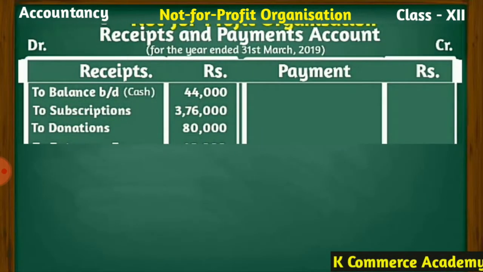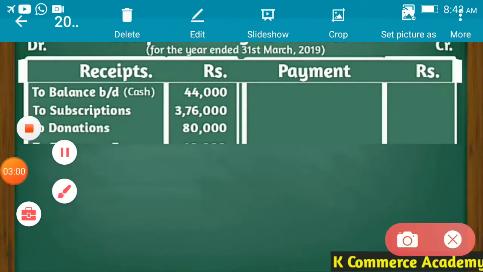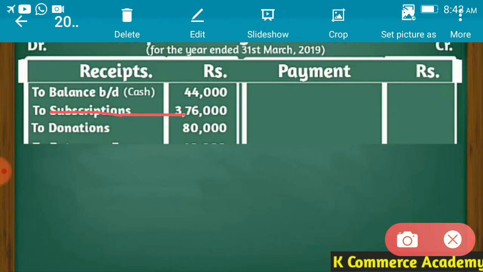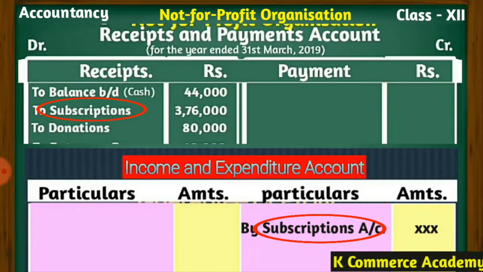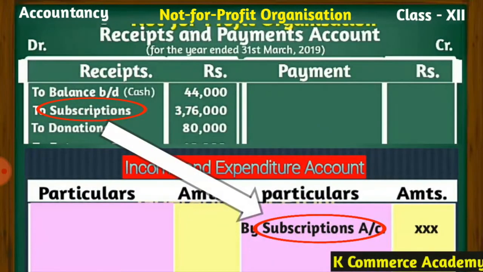You must be remembering that when we studied the receipts and payment account, subscription was shown as a receipt on the debit side, because it was a receipt, and from there it will be transferred to the credit side of the income and expenditure account. There we will mention subscription account and the amount accruing for the current accounting period.